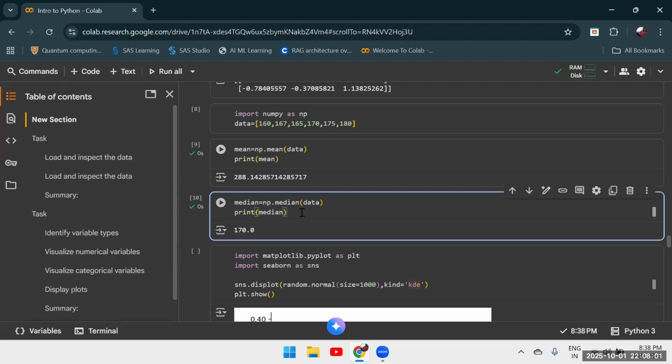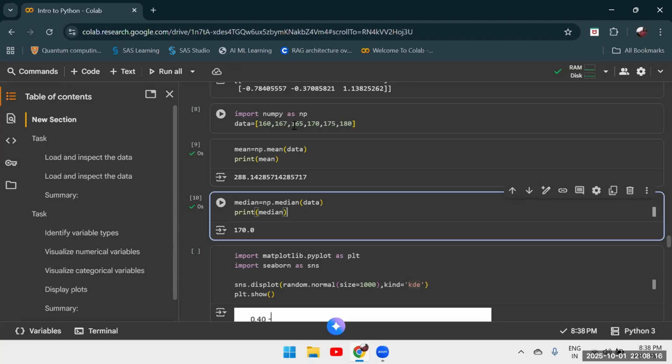Now let's see what the median does. The median takes the middle value of all the numbers. For example, 1, 2, 3, 4, 5, 6.